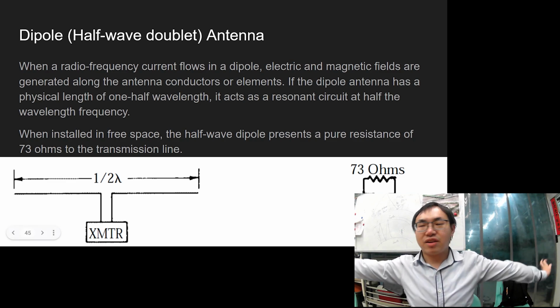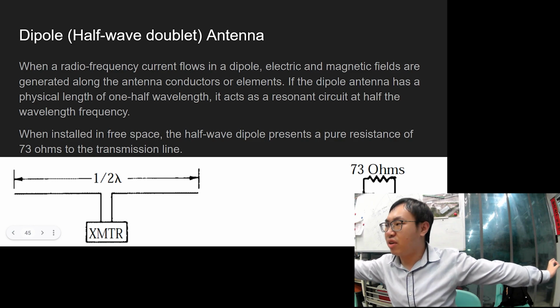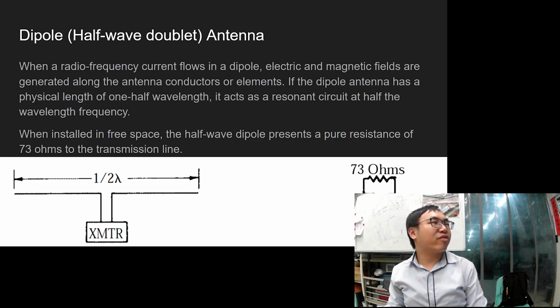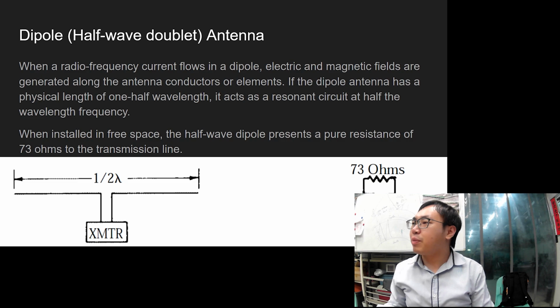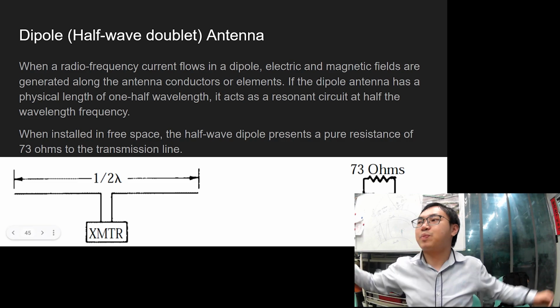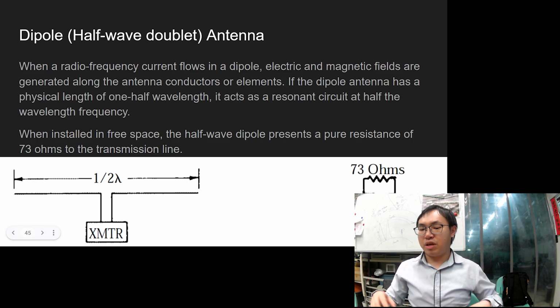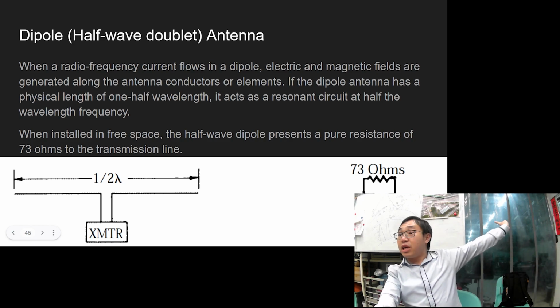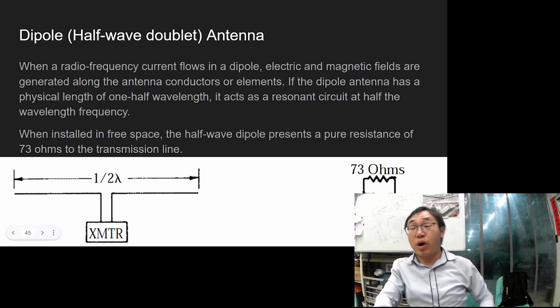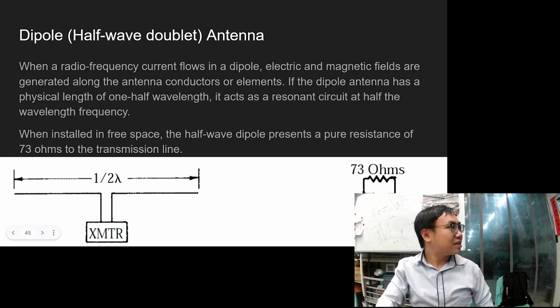For a dipole antenna, you have to remember that it is 73 ohms, and it has a length of 1/2 lambda. Do you still remember what lambda is? Wavelength. Yes, wavelength. That's why we also call it a half wavelength antenna.